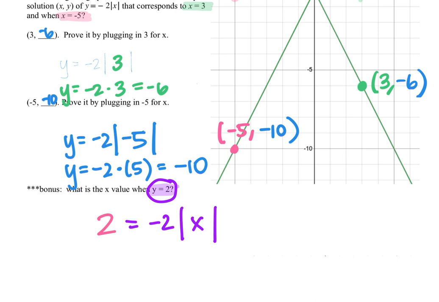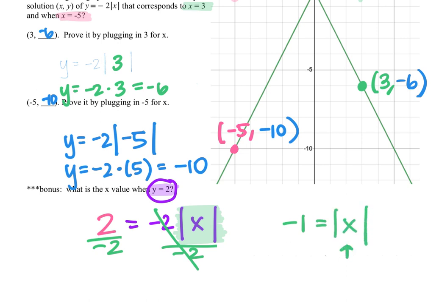Step 1 in solving an absolute value equation is isolate your absolute value. So we need to get rid of that -2. -2 times something, we get rid of it by dividing by -2. And now we're going to get that -1 is equal to the absolute value of x.